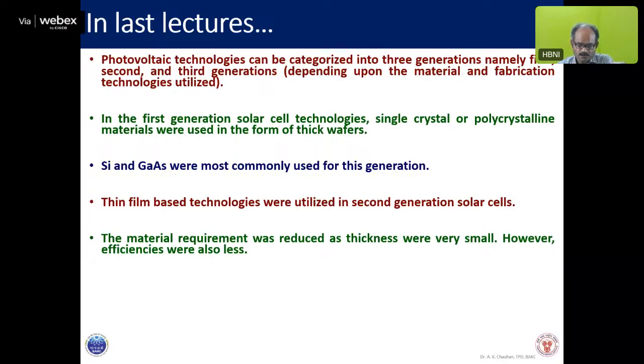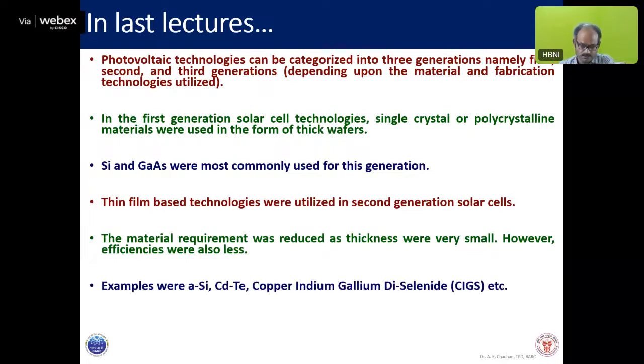The material requirement was reduced due to the thin film, and the thickness was very small. However, at the same time, efficiencies were also lower for these devices as compared to the first generation devices. Some of the examples we saw are amorphous silicon, cadmium telluride, and copper indium gallium diselenide, CIGS solar cells.